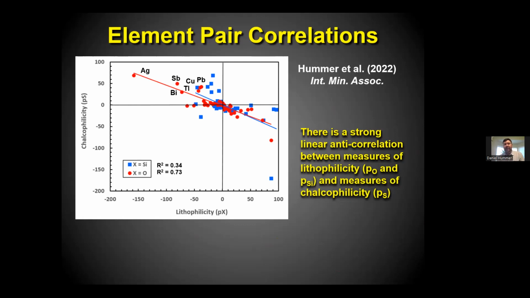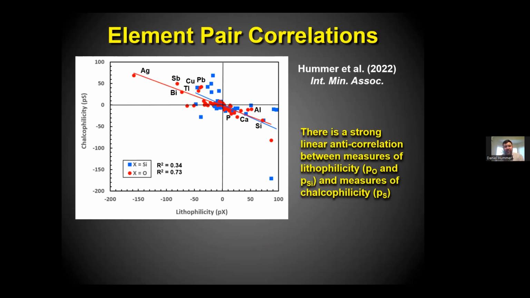And then other chalcophile elements also plot along this diagram. Copper, antimony, lead, all of those things plot on the chalcophile side of the spectrum. And then over here, we've got lithophile elements like silicon, calcium, aluminum, all of those plot on this side of the diagram. So here is sort of the first quantitative measure of all of these behaviors.